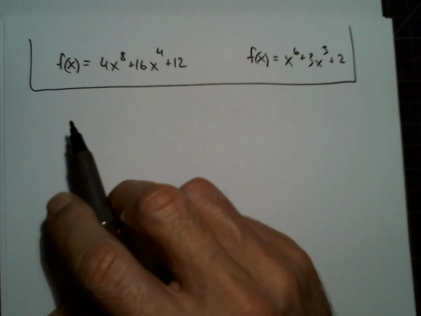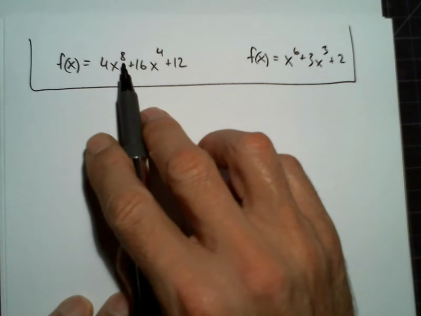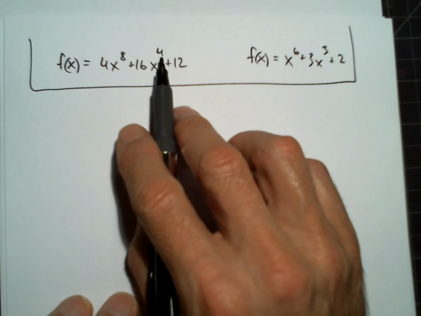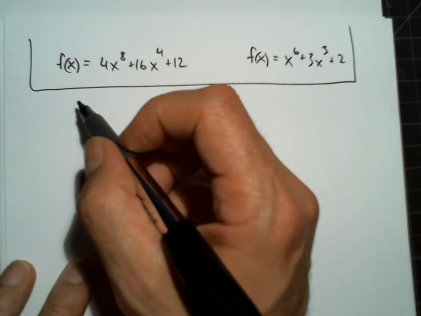And if it has this pattern where this number is twice that number, then we can rewrite it and factor it like a quadratic.